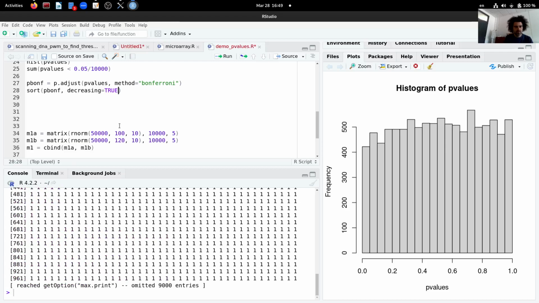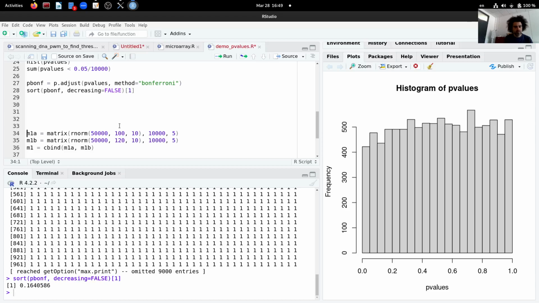Let's go for false here and get just the first one. So the smallest p-value that we got is 0.16. So this is a corrected p-value, and even the smallest one does not reject the null hypothesis because it is greater than 0.05. So we don't do any rejection here, and this is good because the null hypothesis is actually correct.